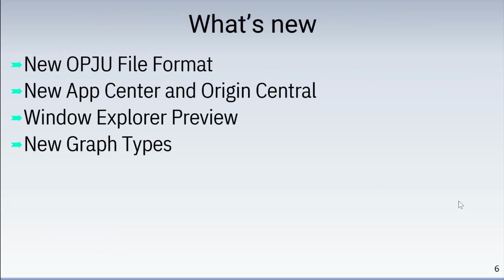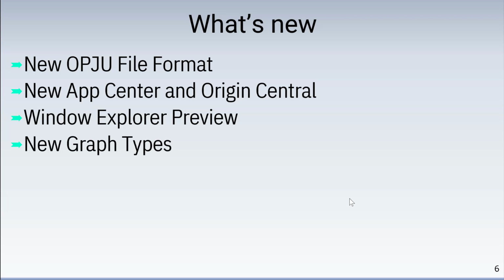Now, let's talk about different editions of Origin software, or we can say what's new in Origin 2018B, which is the latest edition at the time of this recording. With this edition, they have introduced a new file format, that is OPJU, which is relatively smaller in size and opens faster in comparison to the old format, that is OPJ, but this file format is not backward compatible.